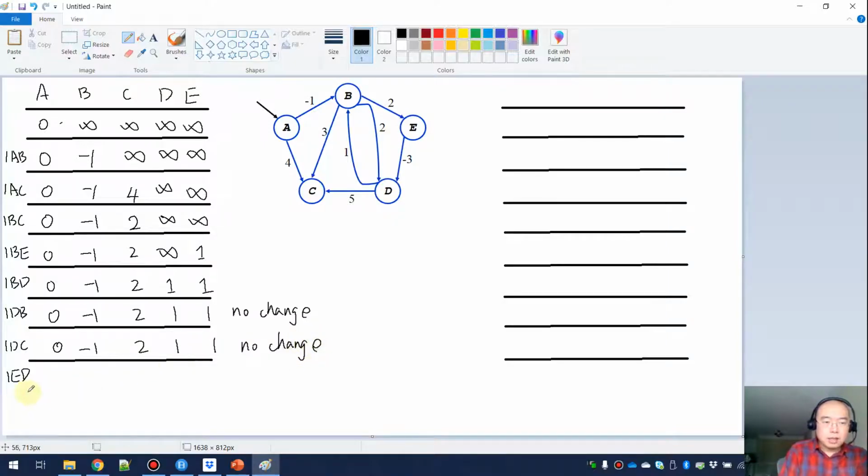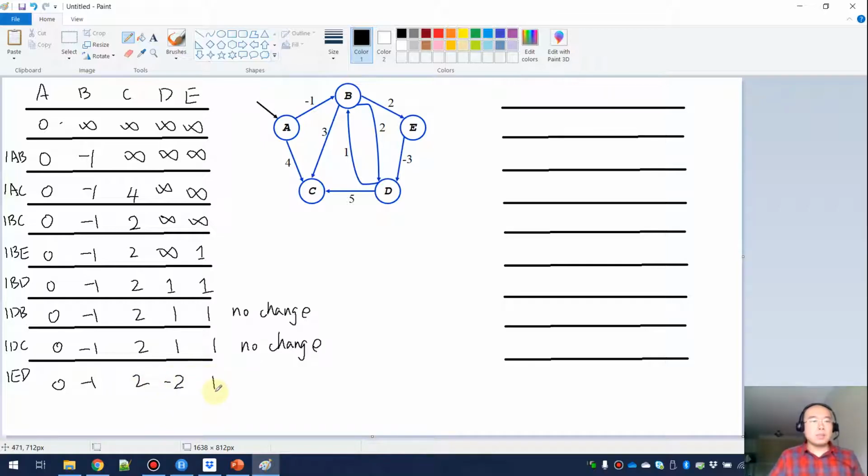And then the last one, 1DE, so ED. E is a 1, and if we go from E to D, we can bring D down to -2. This -2 is smaller than the current known shortest path to D, which is 1, so we do want to update that. So -1, 2, and 1.